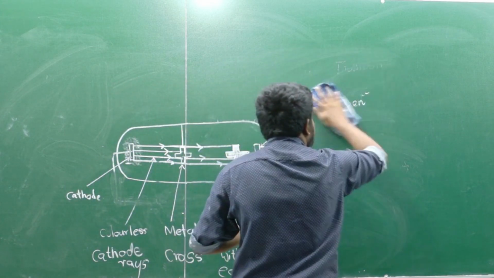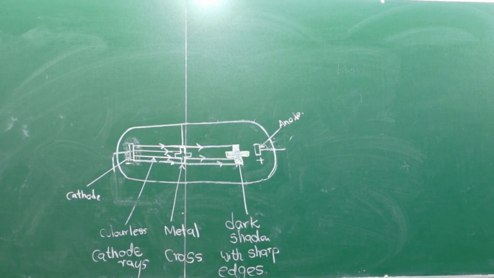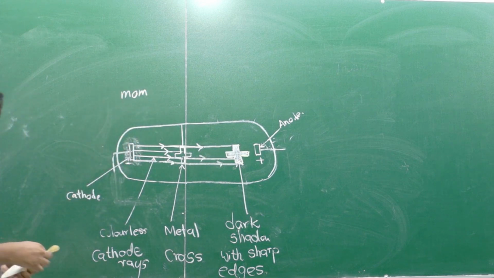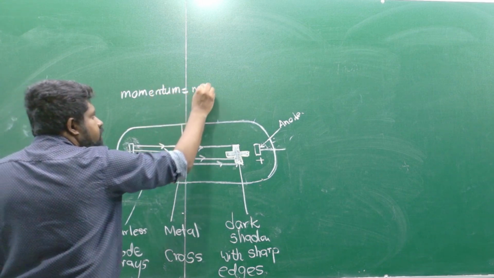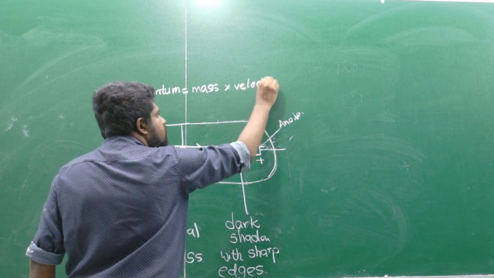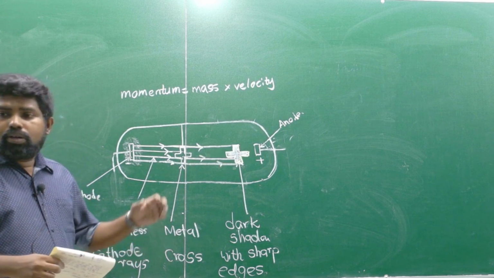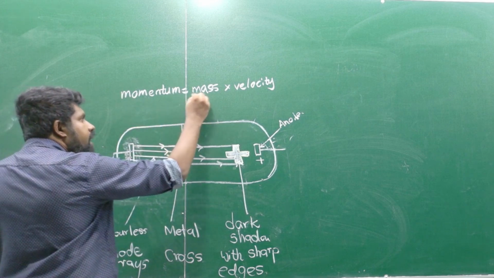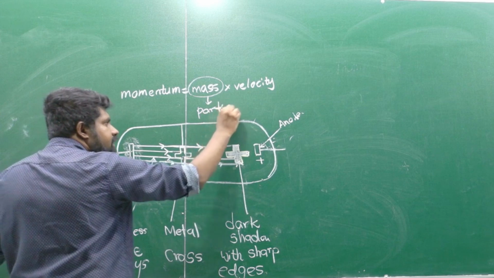Cathode rays have a momentum. Momentum is equal to mass times velocity, mv. If these rays possess a mass, that means they should be particles, because particles have a mass.